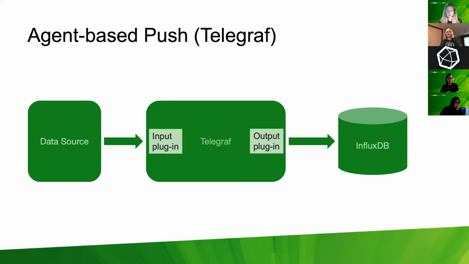You configure your input plugin to pull data from whatever the data source happens to be, and then an output plugin to send it to wherever it needs to go, in this case, InfluxDB. The agent itself adds a level of resilience, taking care of things like retrying in the case of failure, batching up the data. So you get the added value of an agent managing how your data flows from whatever your data source happens to be to wherever your data destination is.